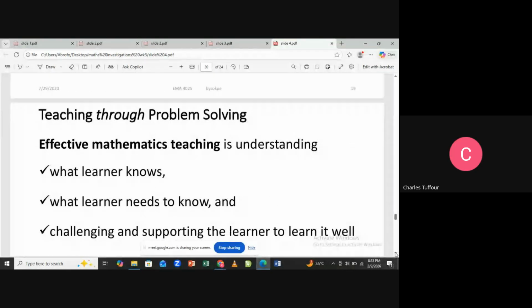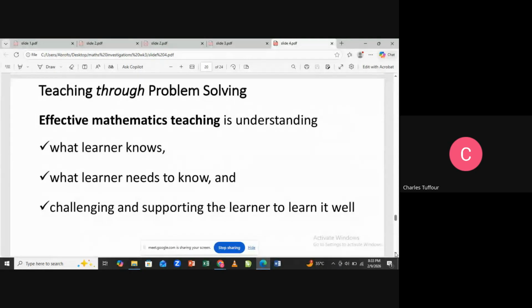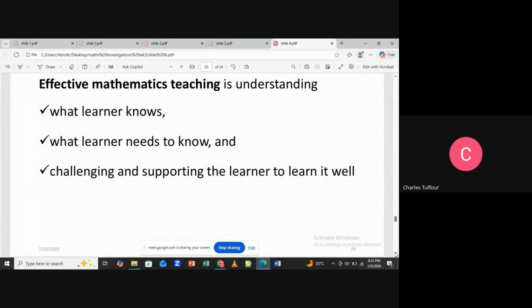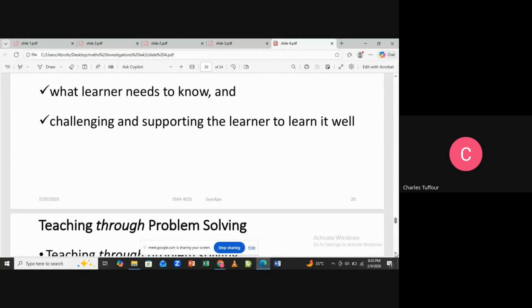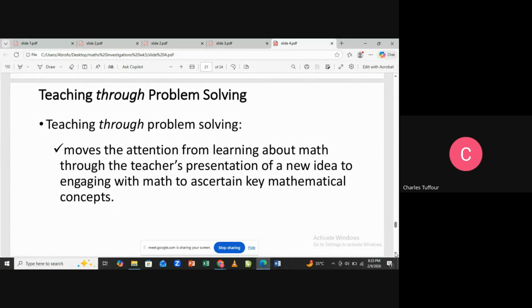Effective mathematics is understanding what the learner knows, what the learner needs to know, and challenging and supporting the learner to learn it well. Teaching through problem solving moves the attention from learning about math through the teacher's presentation of new ideas to engaging with math to ascertain key mathematical concepts.